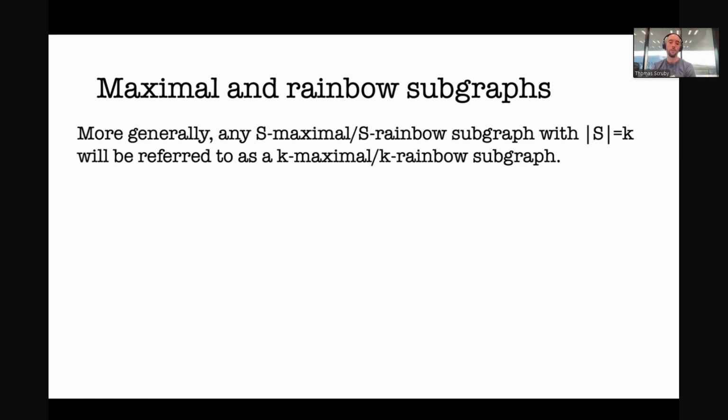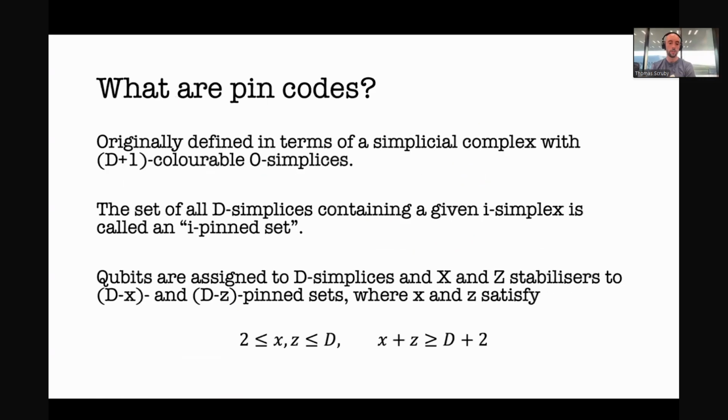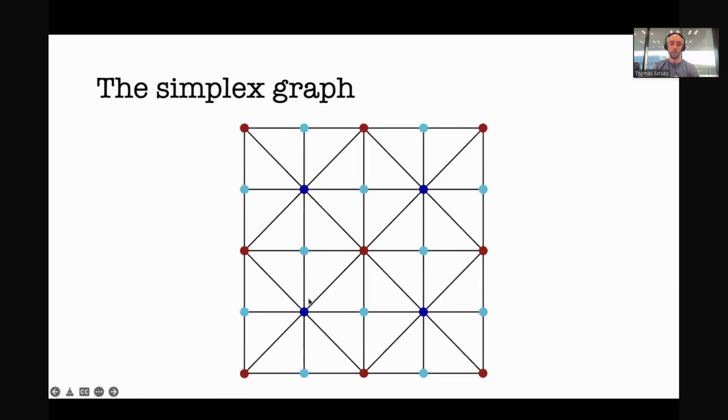Going back to the definition, they would say every D minus X pin set will be an X stabilizer, and every D minus Z pin set would be a Z stabilizer. In the case of 2D, the only number you can pick for X and Z is 2 for both of them. So it's just every 0 pin set is both an X and a Z stabilizer.